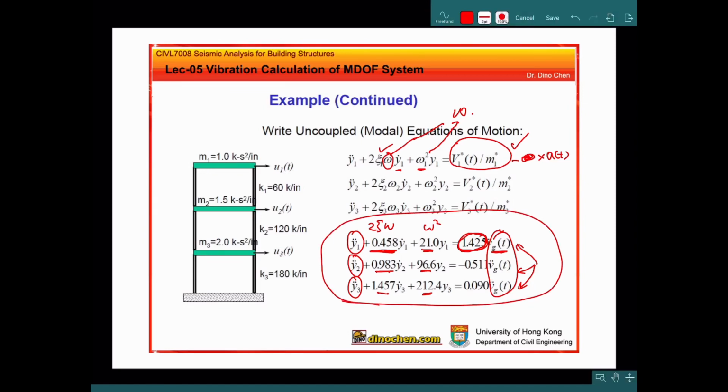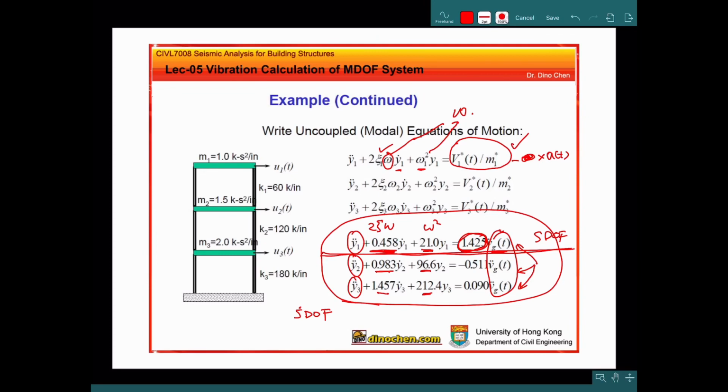equation, we know that this is what we already know from the Duhamel integration or any calculation method for the single degree of freedom vibration. This one is the single degree of freedom calculation basic equation.